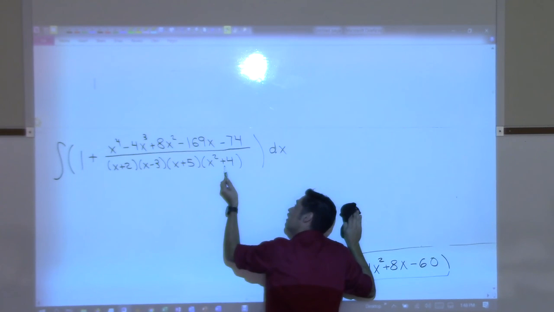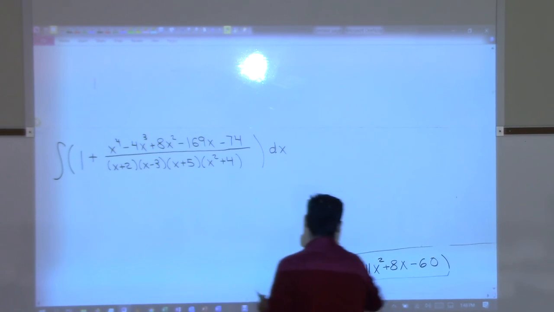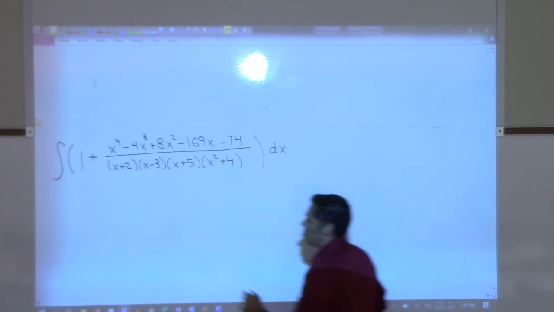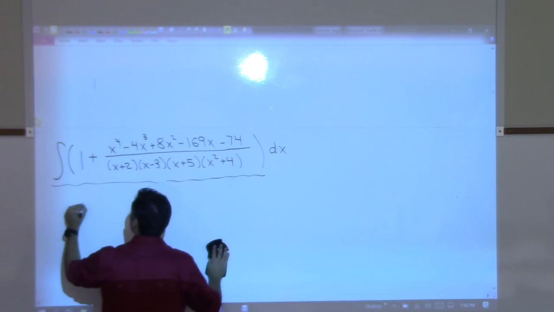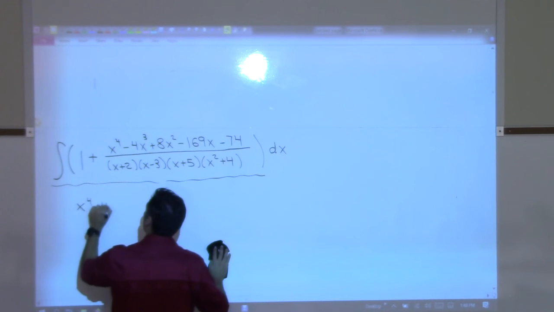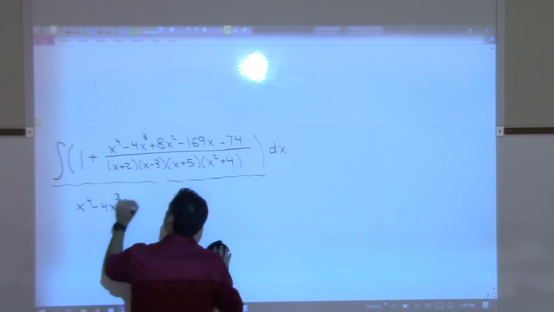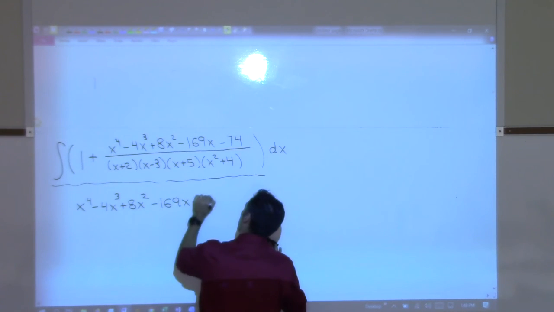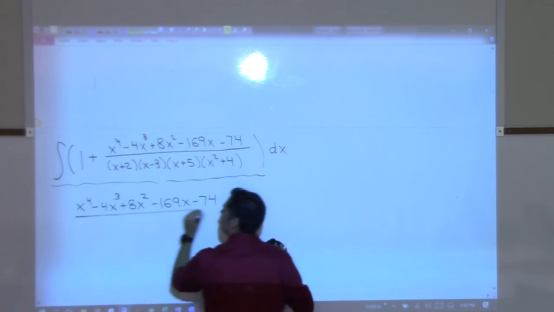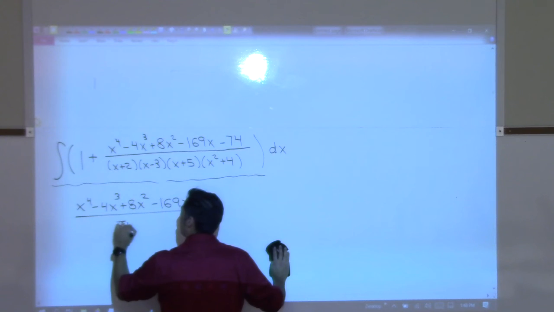Quadratic, irreducible. So here's where I would stop the integral and do my partial fraction decomposition. I've got to get x to the 4th minus 4x cubed plus 8x squared minus 169x minus 74 over the junk. I'm just going to say junk.